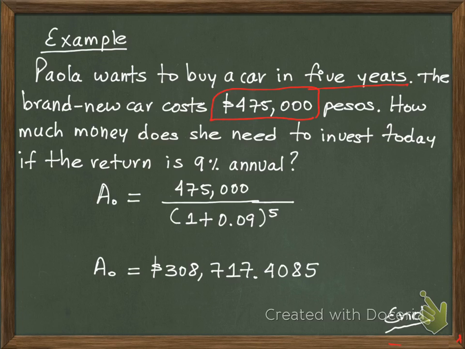We use the present value formula that we calculated before, and with this we find the amount. So that'll be 308,717.41. Okay.